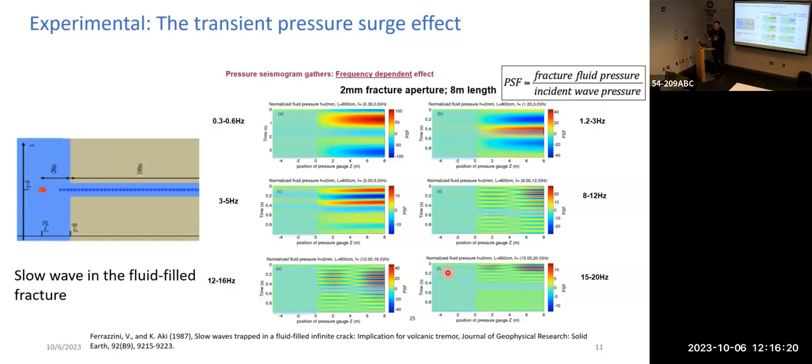The Krauklis wave basically can be regarded as a two surface wave on the fluid solid boundary. And in the fracture, you have the two surfaces close to each other, and the surface waves couple with each other to cause a very large amplitude surface wave. That is called a crack wave or Krauklis wave.